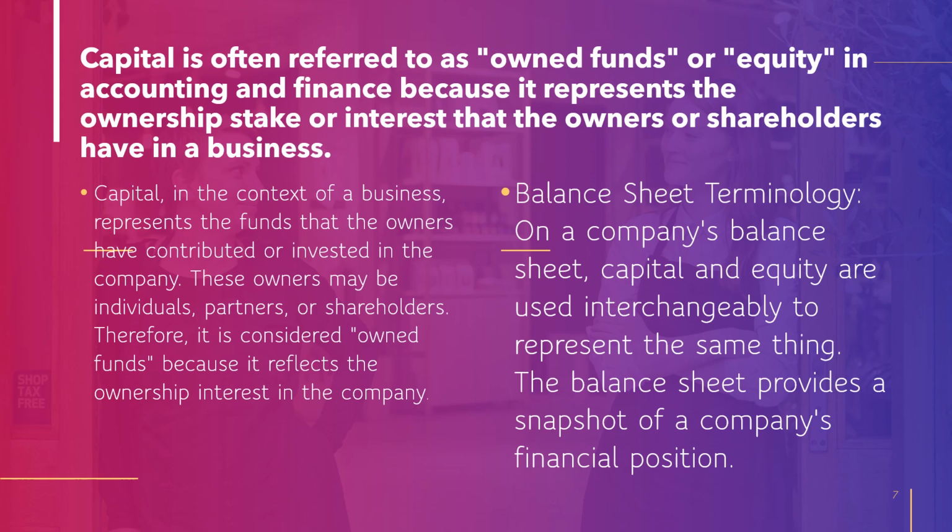Capital represents the funds that the owners have invested in the company. These owners may be individuals, partners or shareholders. That is why we call it owned funds, because the owners are contributing it and it reflects the ownership interest in the company.